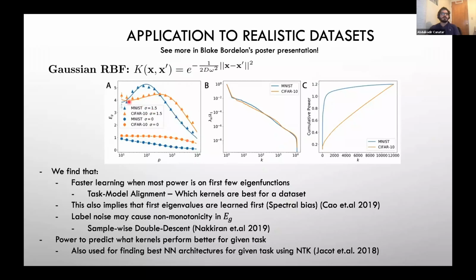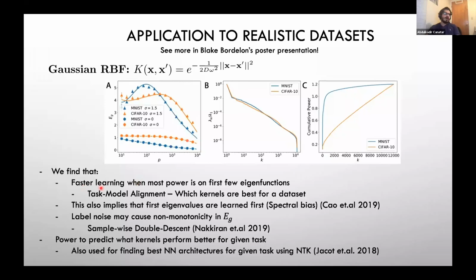And when I have label noise, I also see this non-monotonicity in my generalization error. Again, I compare different eigenvalues for these two kernels. They still look the same, but what makes the difference is really this cumulative power, where MNIST places most of its power in the first maybe 1,000 modes, while CIFAR10 is most uniformly placed here.